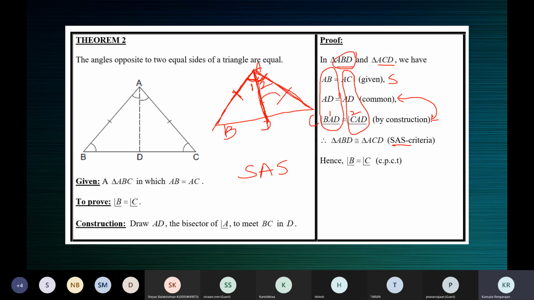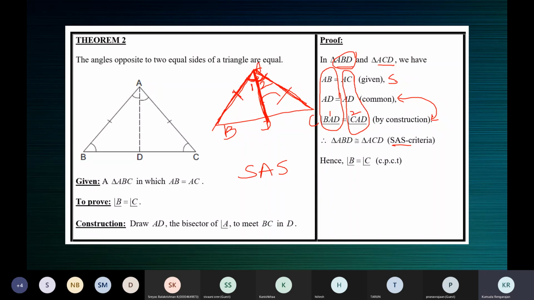That means angle 2 is included by AD and AC. Angle 1 is included by the sides AD and AB. So with the information we have, we decide that these two triangles are congruent by the SAS congruence criterion. So we'll write the equalities in that order.